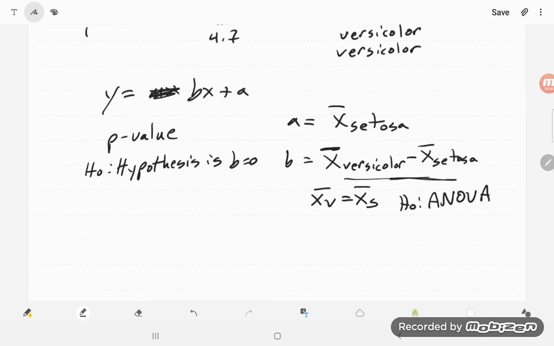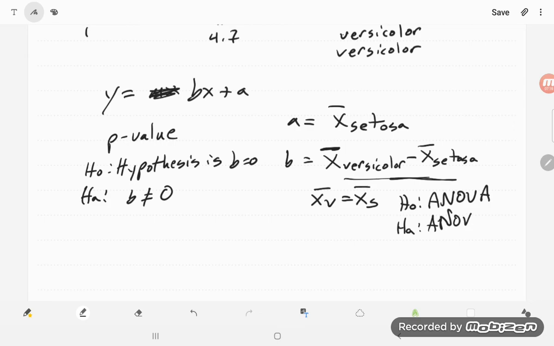So actually, we see in this chapter anyway, that if we just have a two-category analysis of variance, we can actually use regression to get an answer. And our alternative, of course, is that b is not equal to 0. So HA is just like the ANOVA.